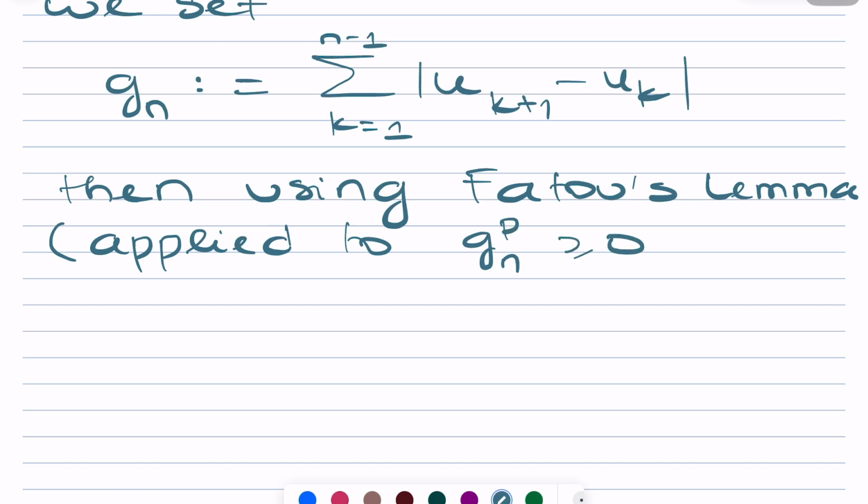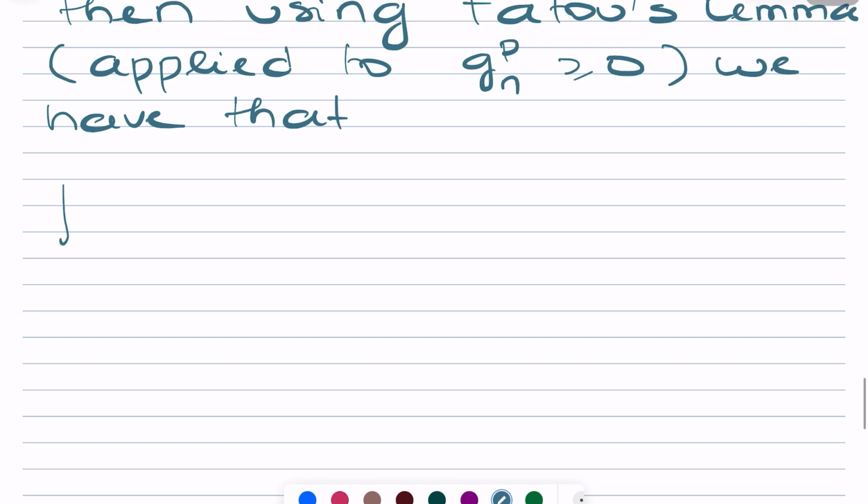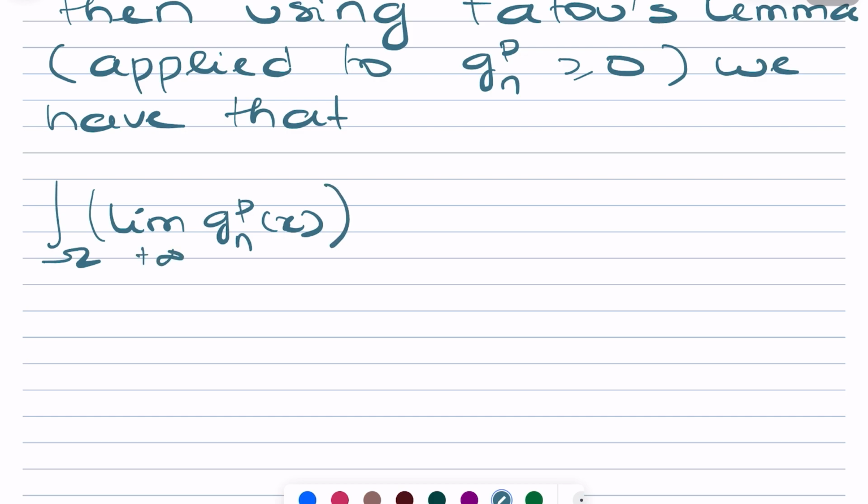We have that the integral over omega of the limit of Gn to the power p of x, actually the lim inf, but just write the limit here, dx is less or equal than the lim inf of the integral over omega of Gn to the power p of x dx.